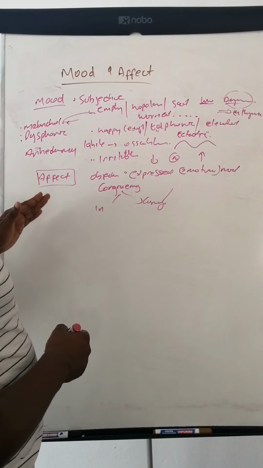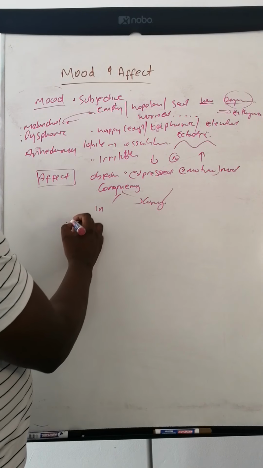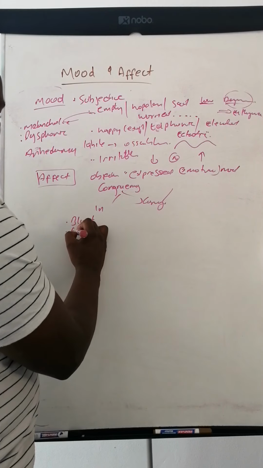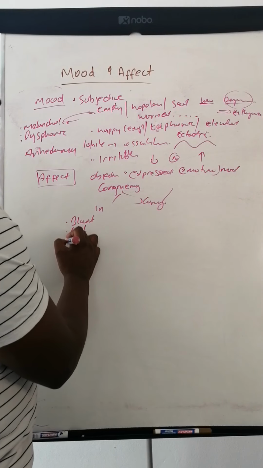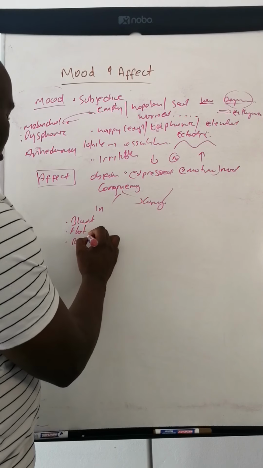So that's that. But the words that are used to describe an affect are things like blunt, a flat affect, restrictive.